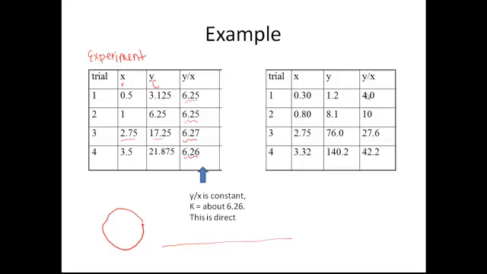What you would find, though, is when you took your y divided by x and calculated it out in this fourth column, these are all different. This is what you would identify as not constant, and so therefore your two variables would not be directly related.